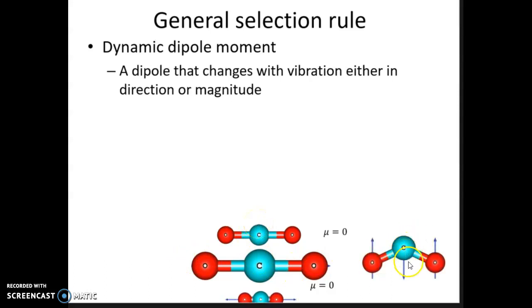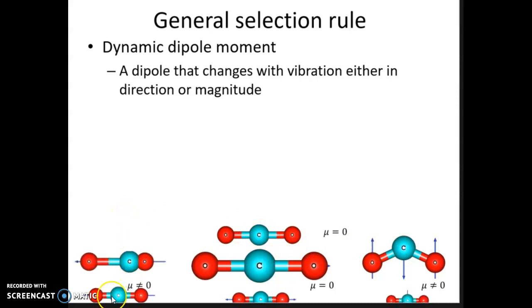Now consider a situation where carbon goes up and the 2 oxygens come down. If we liken this to our SO2 molecule, the dipole moment is not equal to 0 in this case. So this vibrational motion changes the magnitude of the dipole moment. So this vibrational motion is IR active.